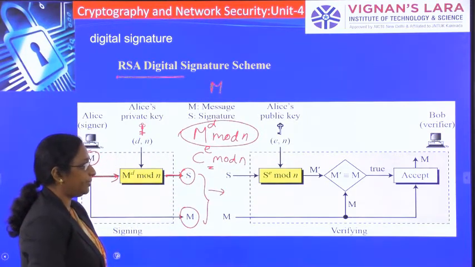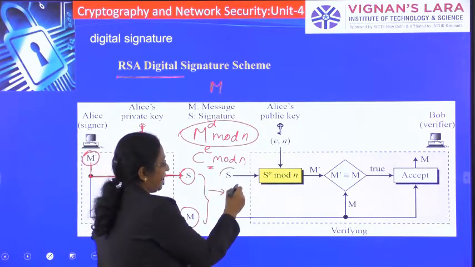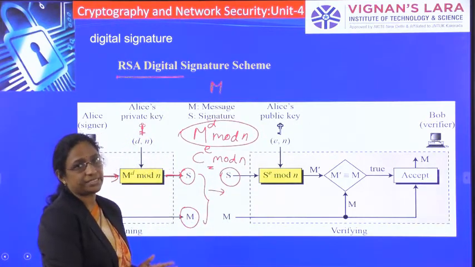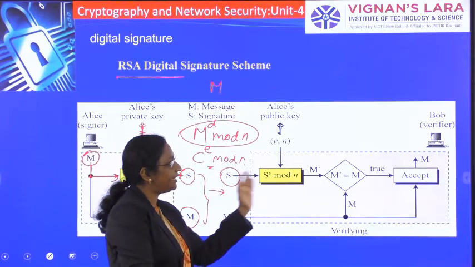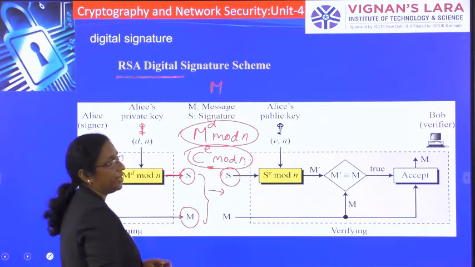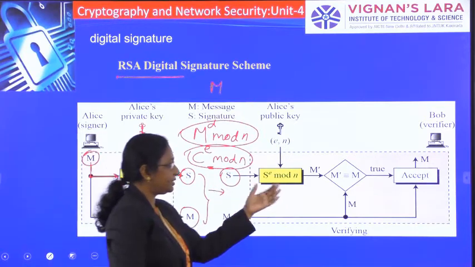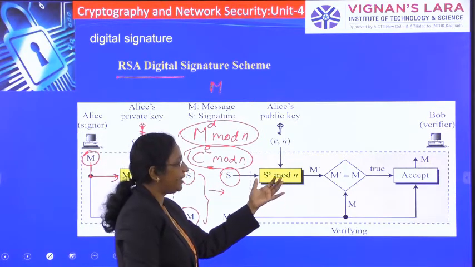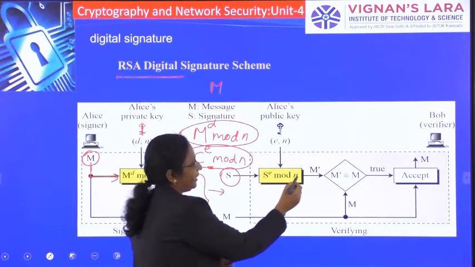So Bob takes this ciphertext, which is nothing but the signature, and decrypts it using the decryption algorithm. The receiver decrypts it and gets a message.